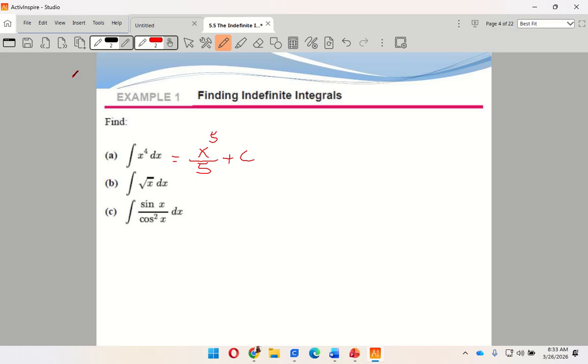Okay. Now, I'm going to rewrite this next one. So that's going to be integral of x to the 1/2 dx. X to the power of 3 halves over.